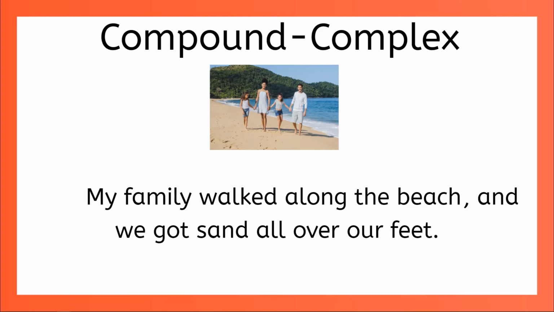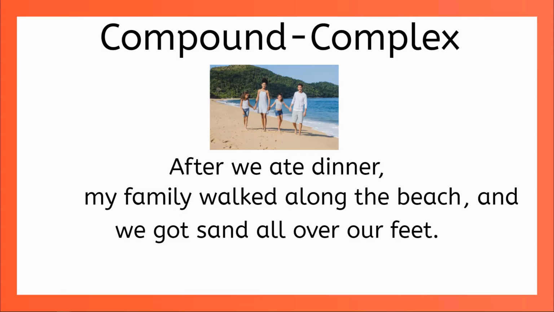But then we can add a dependent clause like "after we ate dinner" to the beginning of our sentence. Wow, there are three clauses in this sentence. Okay, read it with me. "After we ate dinner, my family walked along the beach and we got sand all over our feet." This is an example of a compound complex sentence.